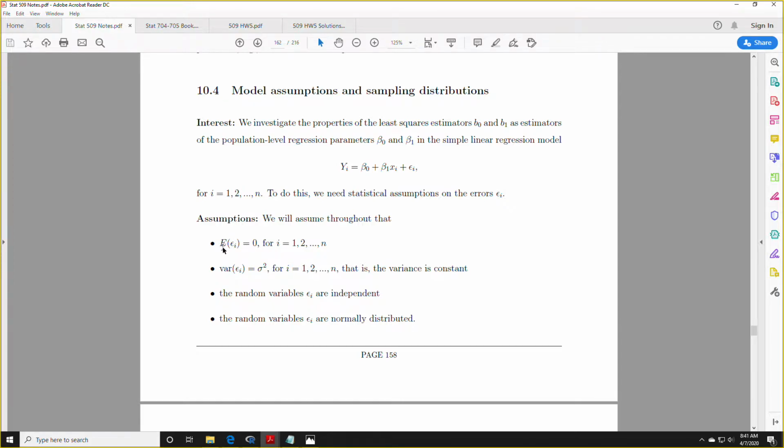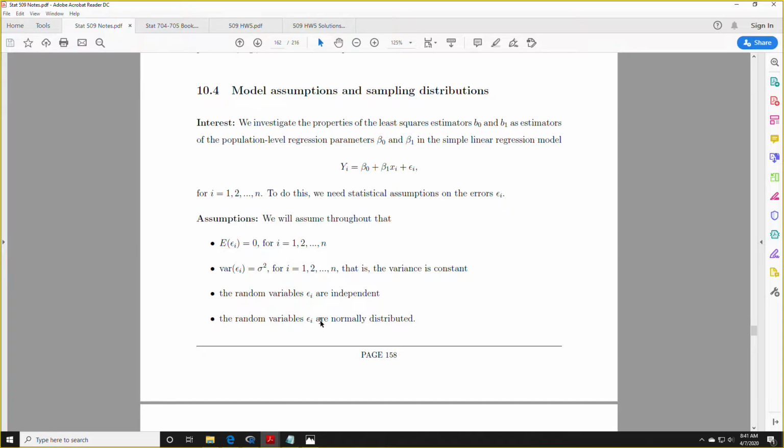The random error accounts for the randomness in the population, but we would like these random error terms to all have expected value 0. We would also like them all to have the same variance, whatever that is. It's not known, but we would like them all to have the same variance. And we would like the random errors to be independent and normally distributed.